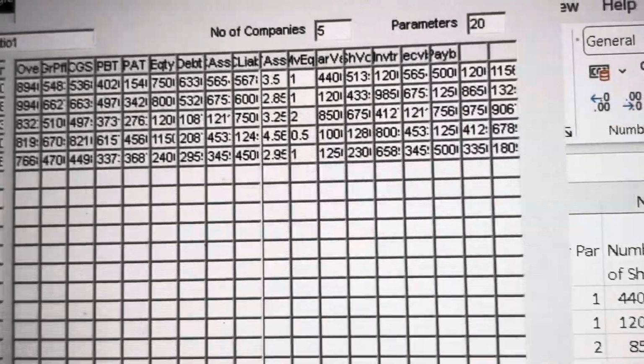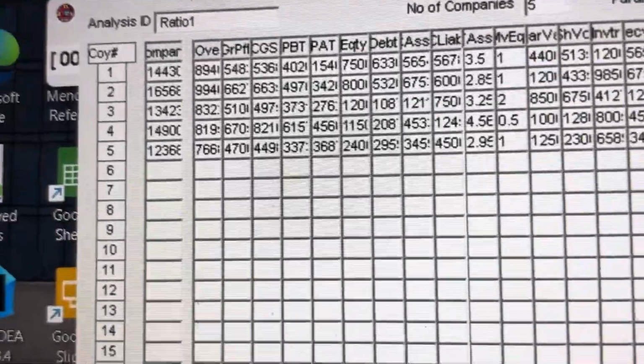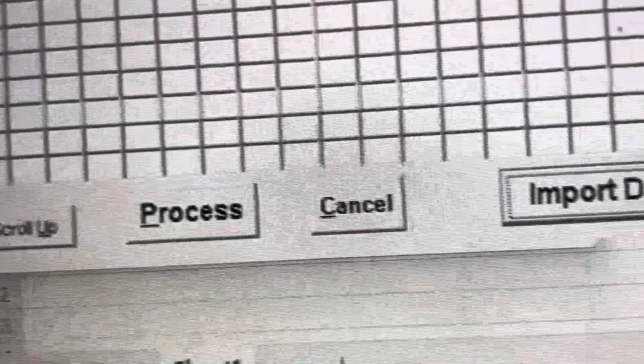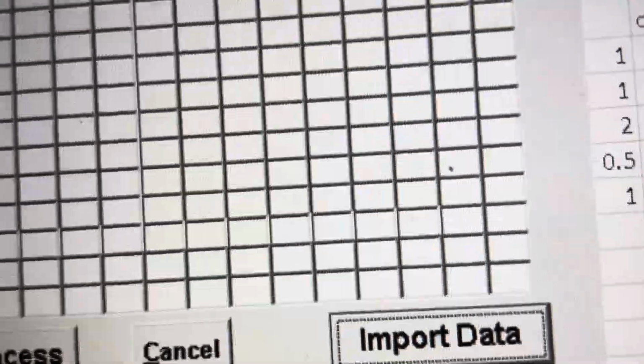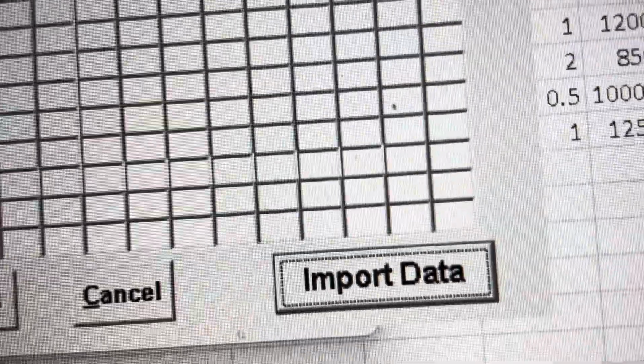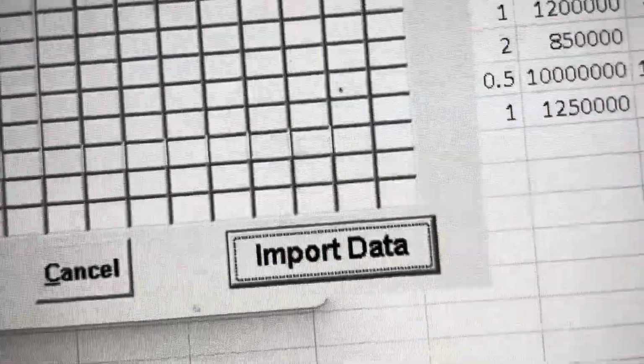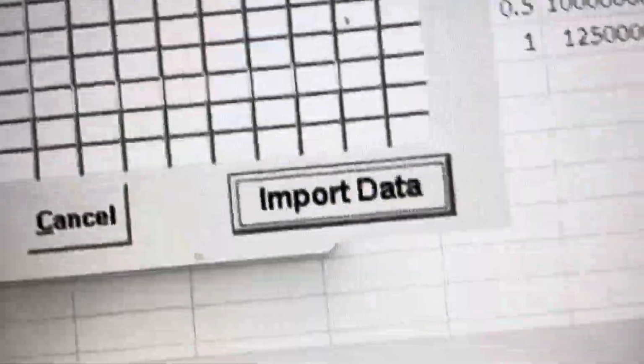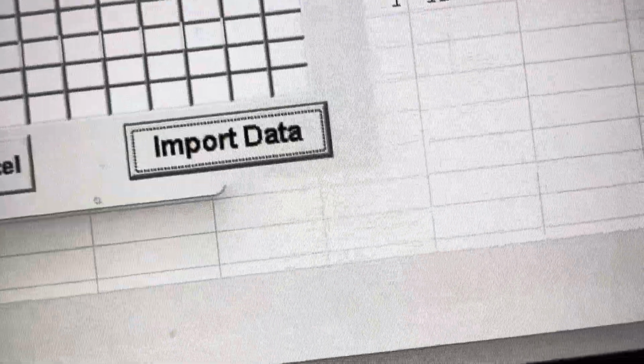Good. You can see it has filled everywhere with the data that we are looking for. Look at it. The companies, that's company 1, 2, 3, 4, 5.